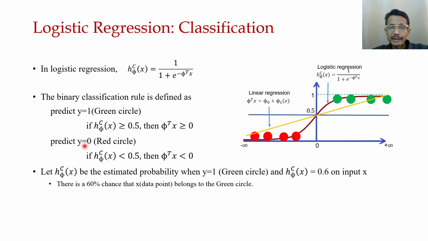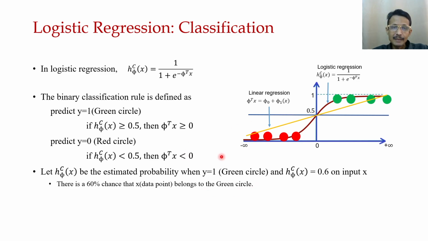So when we predict y as the red circle, the hypothesis function is less than 0.5, which essentially means theta transpose x is less than 0. This is the basic understanding of logistic regression. Now, if our hypothesis function h theta x is 0.6 on input x, and y is the green circle, that means there is a 60% chance this x data belongs to the green circle.